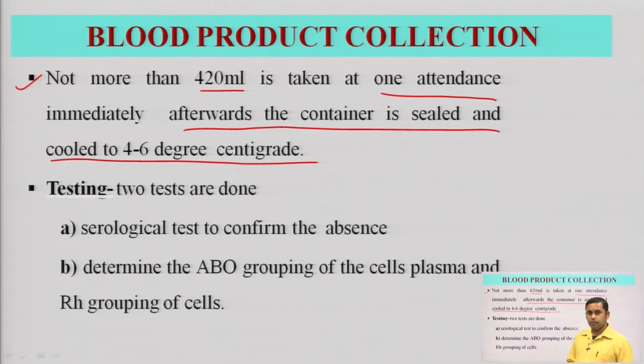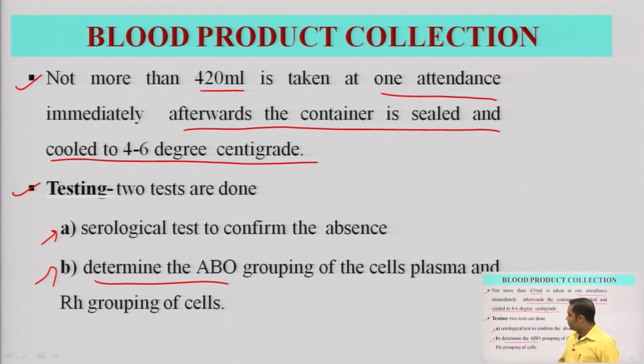You have to do some tests after storing. One is serological testing to confirm the absence of various kinds of diseases, and also you have to do blood grouping, ABO grouping, a test to determine the group of the blood, whether the person has group A, group B, O or AB.